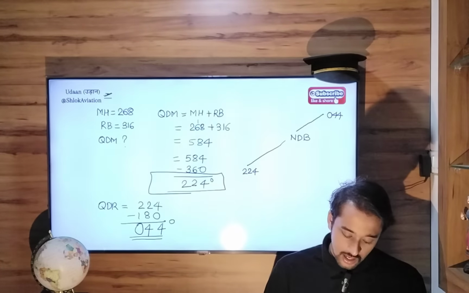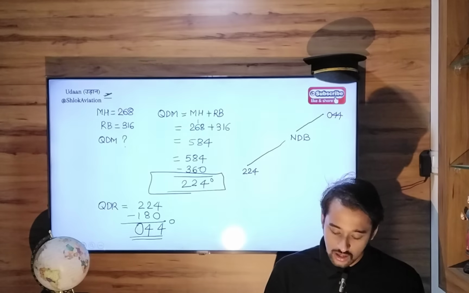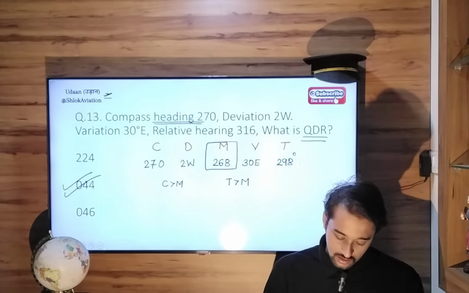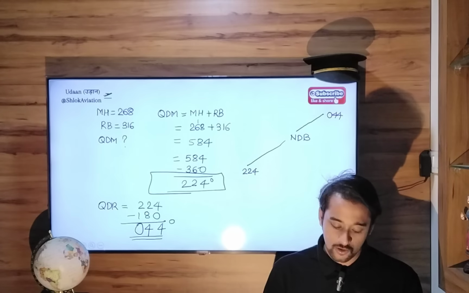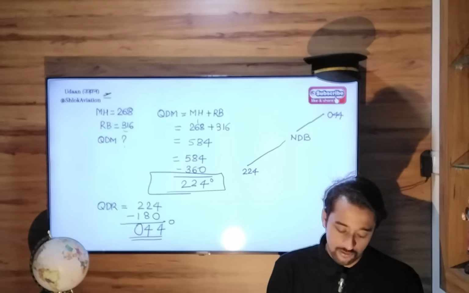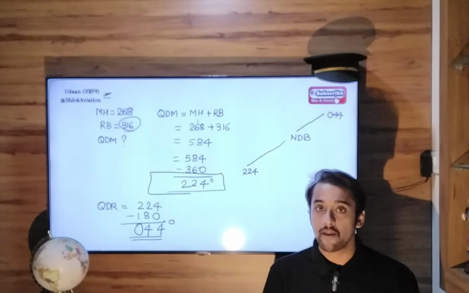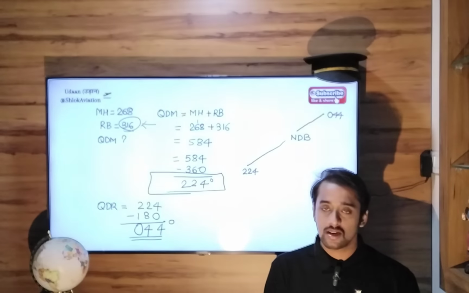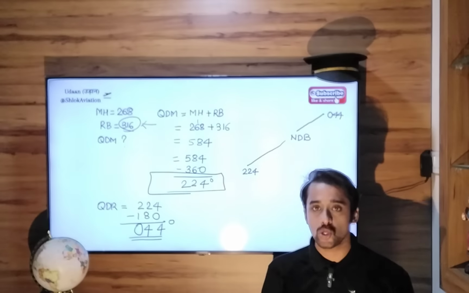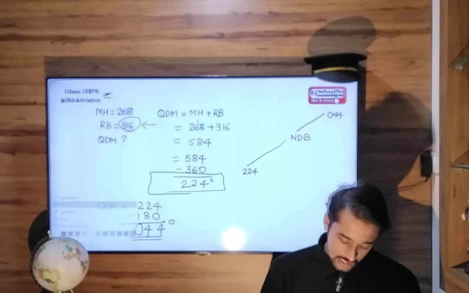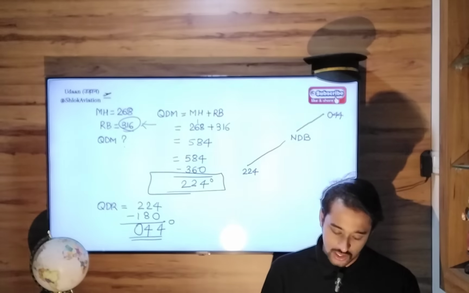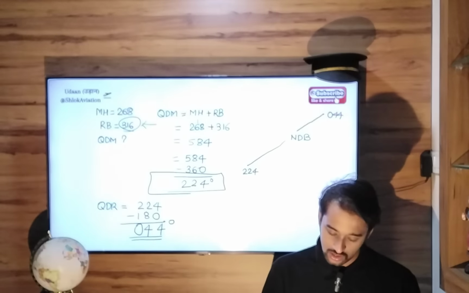Your aircraft is on a heading of 268 and relative bearing of 316. That means it is approaching the station. Relative bearing is somewhere around 360, meaning you are approaching the station. So let's draw this: 268 is your magnetic heading and relative bearing is 316. QDR is 044.